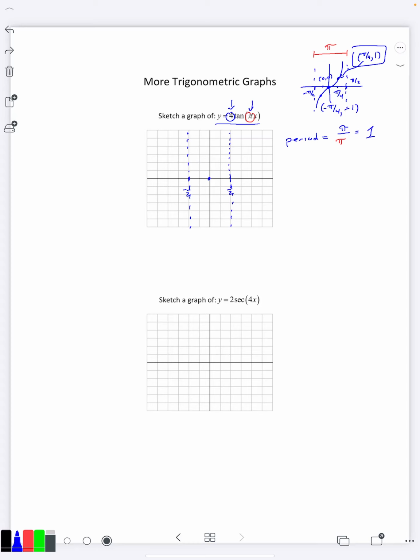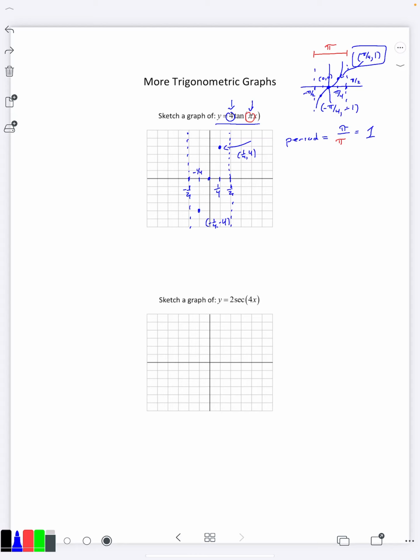And that's going to happen right here, halfway to the vertical asymptote. So halfway to 1/2 would be 1/4. And I'm going to go up 4 units here. So that would be the point 1/4, 4. If I do the same thing on the other side, I go to negative 1/4, negative 4 here. And that's my other point.